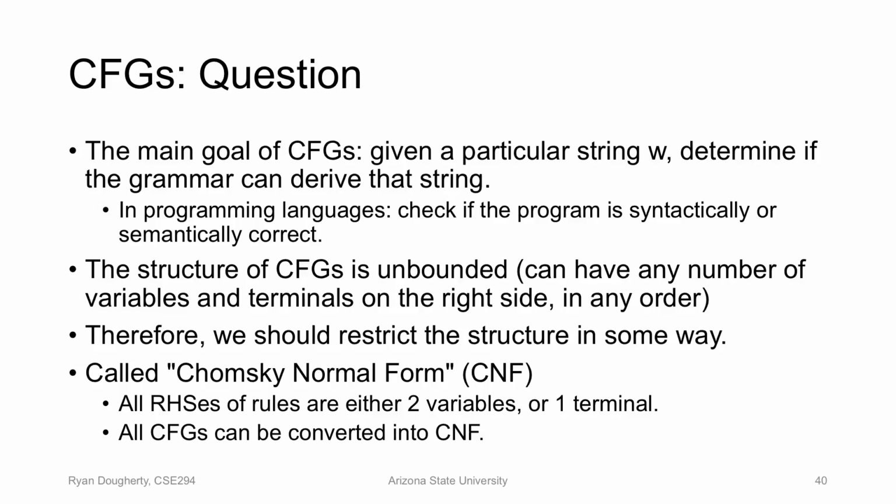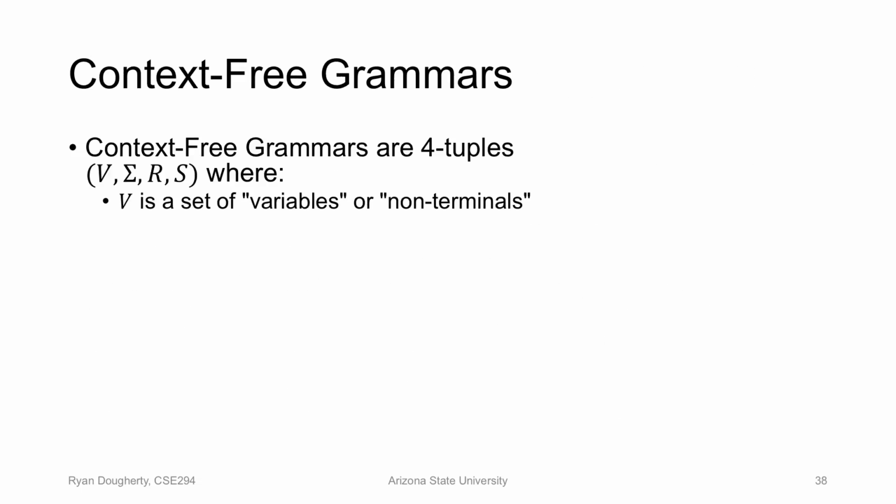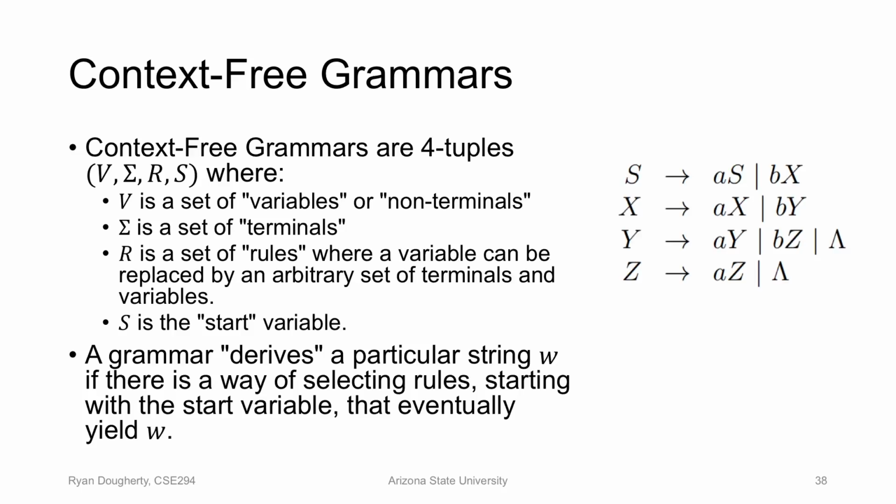And I forgot to include something here: the start variable can make the empty string. It's not like the grammar before where either Y can make the empty string or Z can make the empty string. Only the start variable can make the empty string.